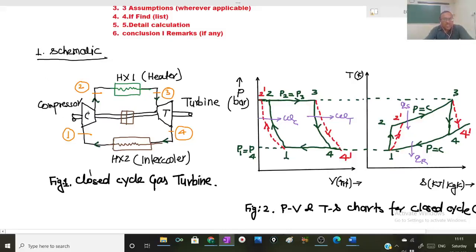In closed cycle gas turbine, process 1 to 2 is compression process, 2 to 3 is constant pressure heat addition in heater. So here heat is added actually.